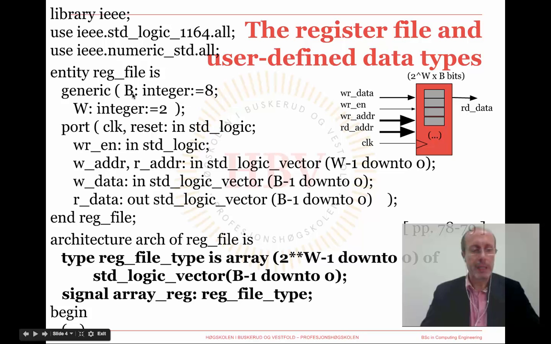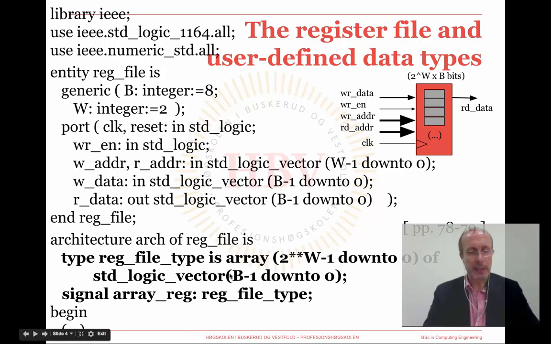In this case, V defines the width or the number of bits in each register, and W is used to specify the number of registers according to this expression. This is a convenient way to specify blocks that can easily be customized in later designs.